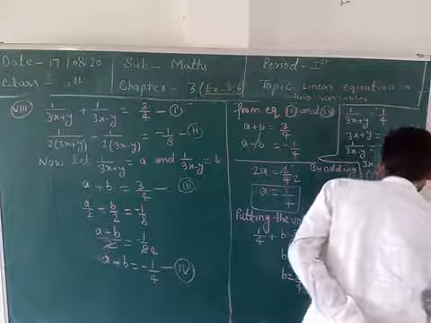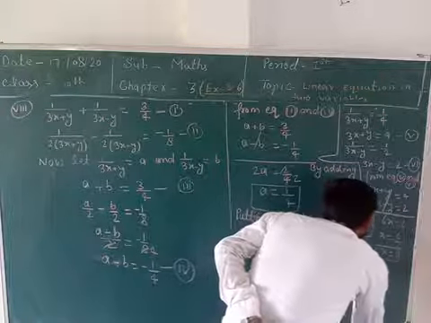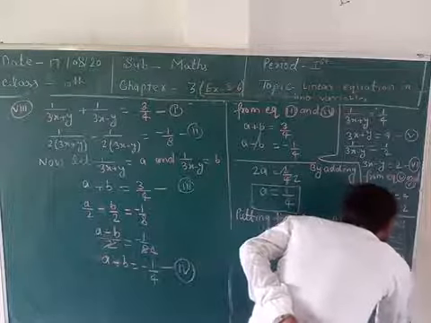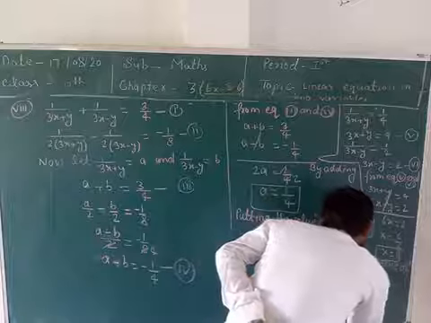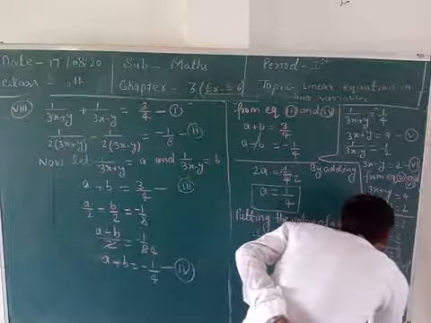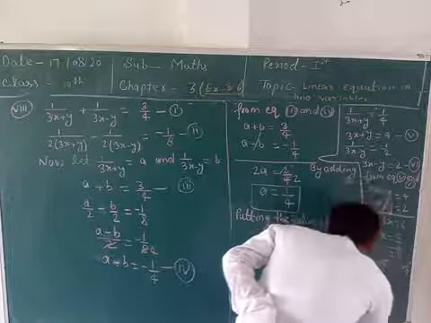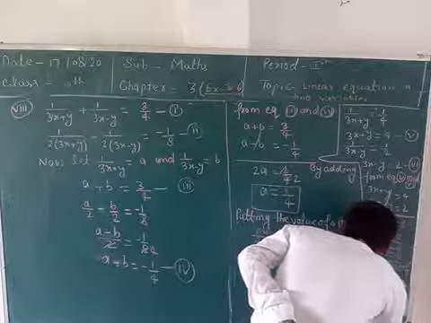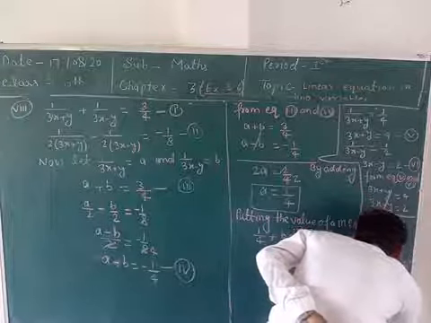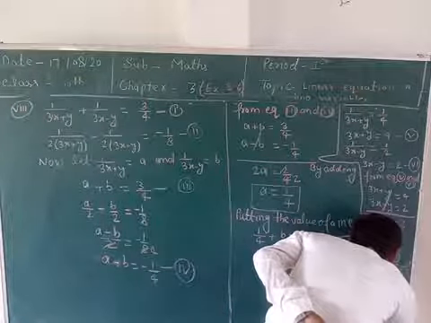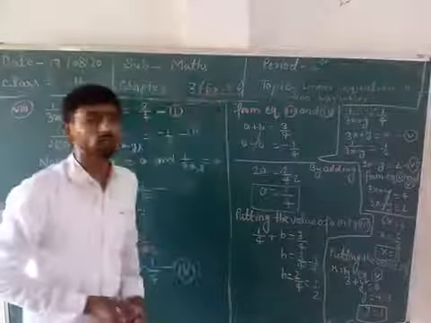Now putting the value of x in equation 5, then we have 3 plus y equal to 4, then y equal to 4 minus 3, then y equal to 1. This is the answer of your question. x equal to 1 and y equal to 1.